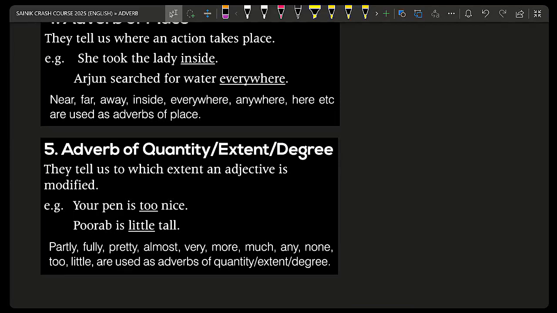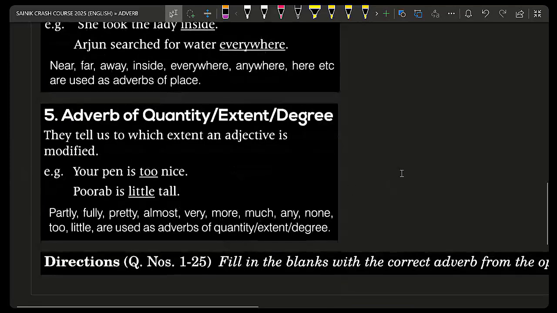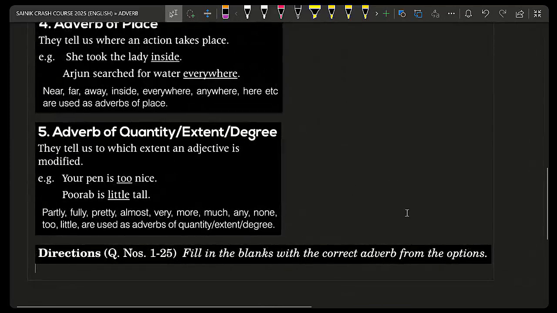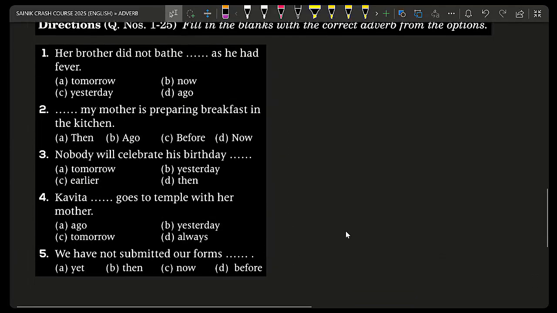So let's solve some questions. Let's answer some questions based on adverbs. So students, be ready. Fill in the blanks with the correct adverb from the options.